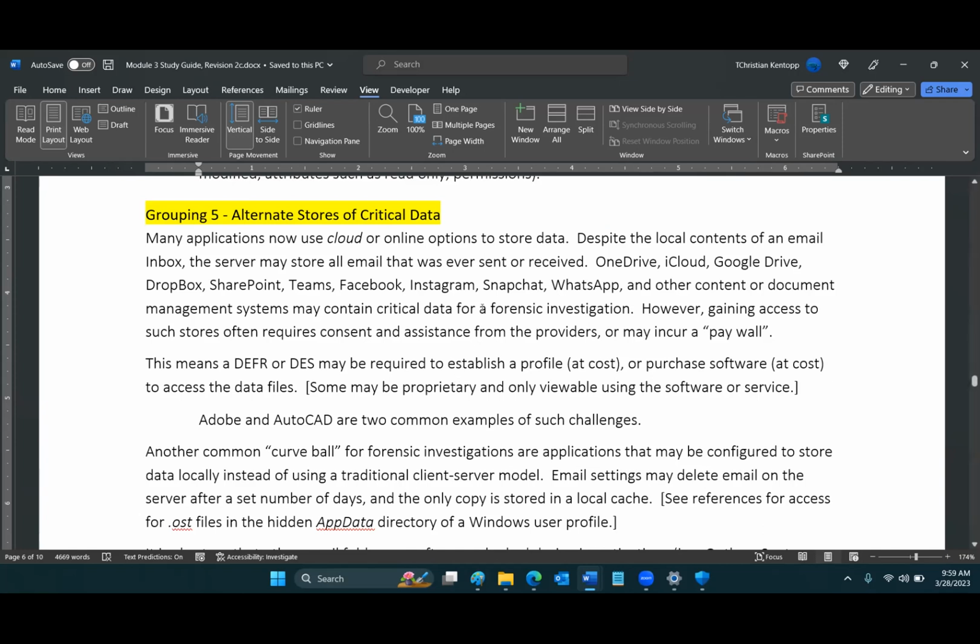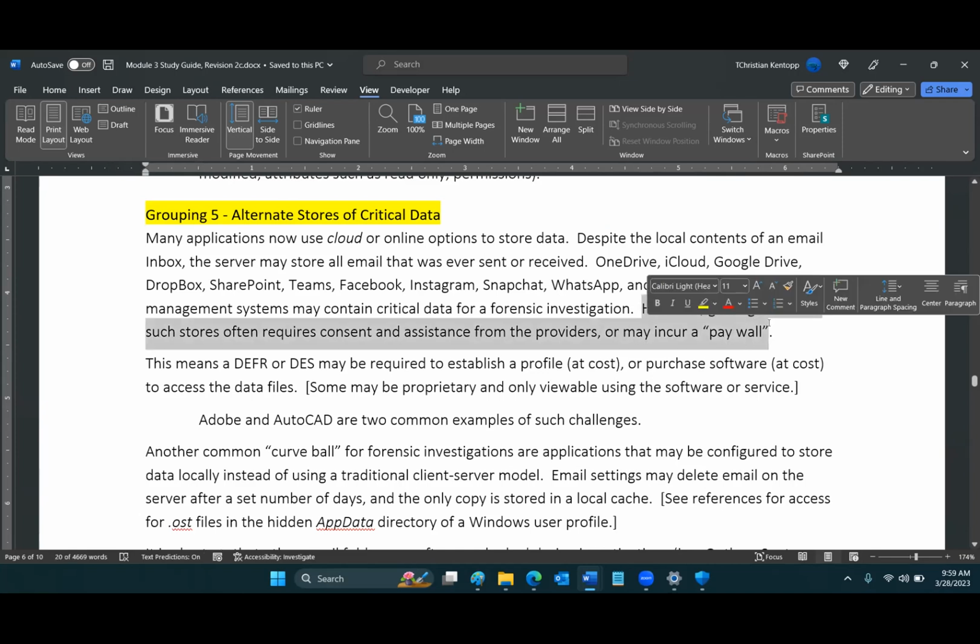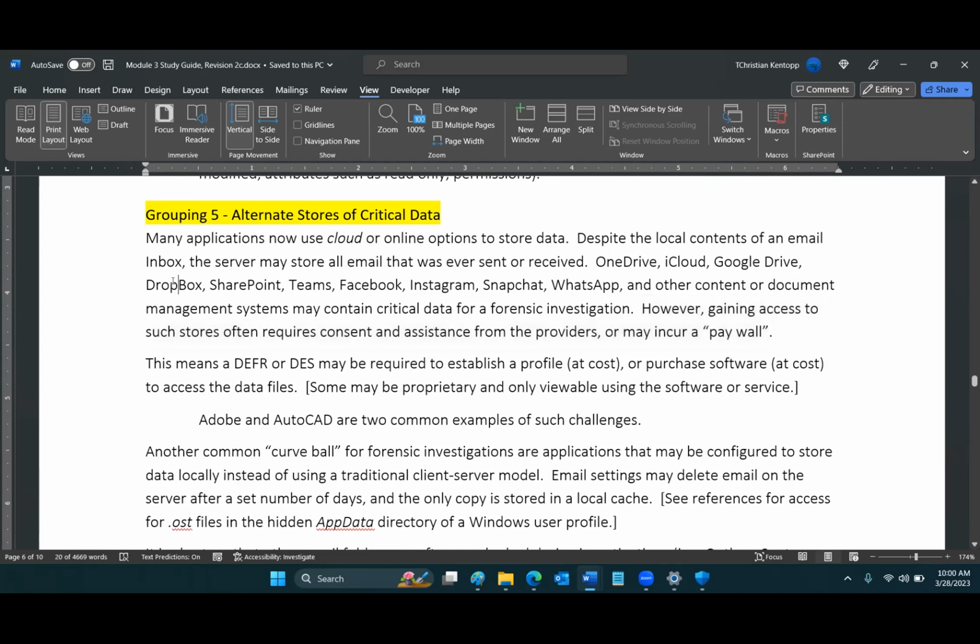And this is where sometimes unholy amounts of additional time and energy and effort have to be accommodated, especially when you get to things like a paywall, because your knucklehead, the victim or knucklehead employee, the subject of investigation, the alleged perpetrator, has done things like park their junk in a Dropbox with protected access.